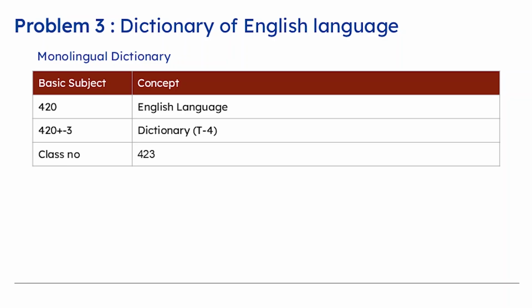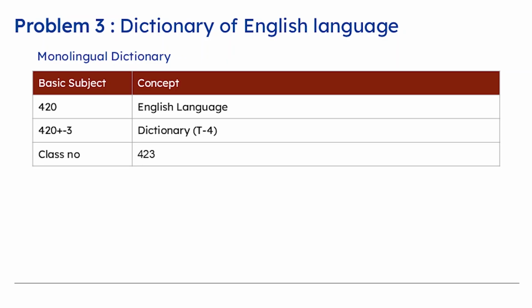But if we want, suppose, the German dictionary, then it would be 4, 3, 3. If we want the French dictionary, we know 440 is French language, and -3 from table 4 means dictionary. We have to add this 3 with 440, then we obtain 443.